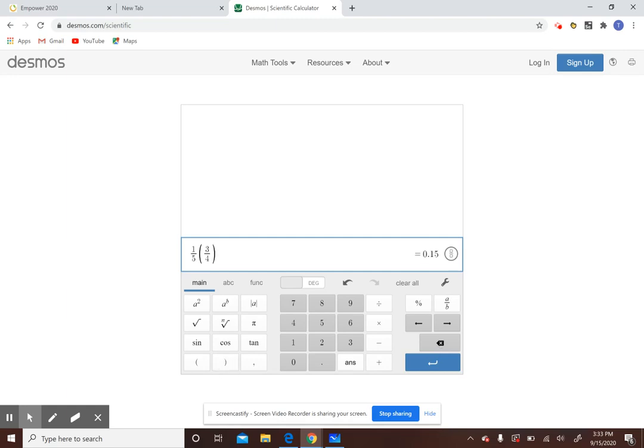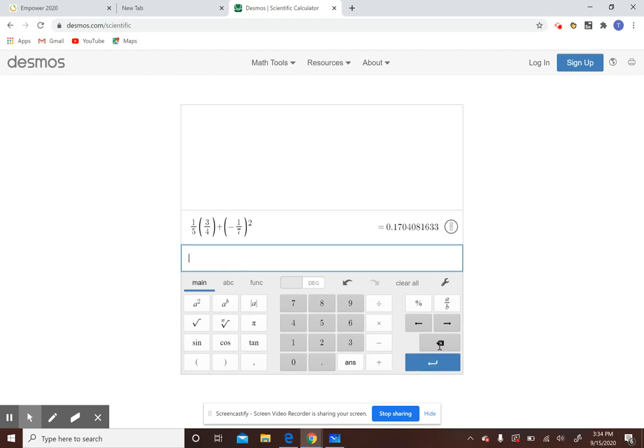Parentheses, plus, parentheses, -1/7. And then your square is over here on the left, and that'll square the whole thing. It will automatically calculate it for you, or you can hit enter to make sure that it solved it.